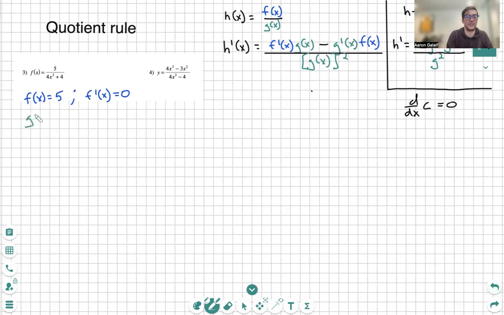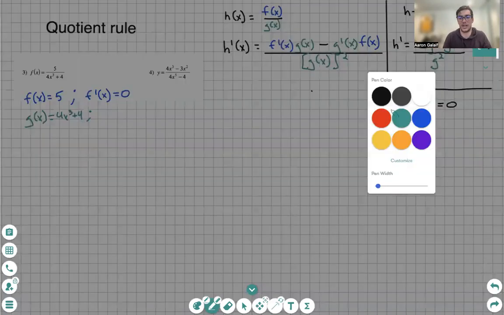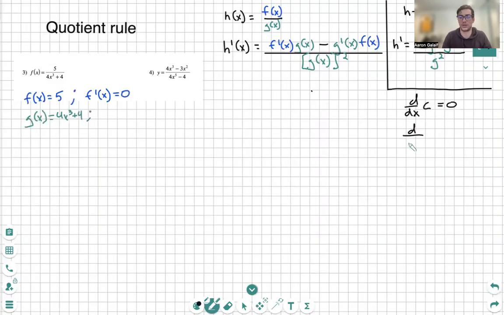Next, we state that g of x, which is the denominator, is equal to 4x cubed plus 4. Then again, based on previous videos, if you're confused, we have our power rule: x to the n, multiply the exponent to the front, then subtract 1 from that exponent. And then we apply that here.